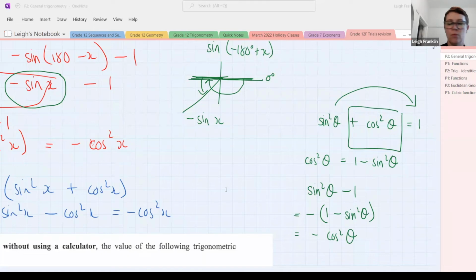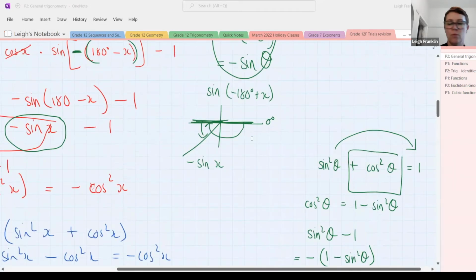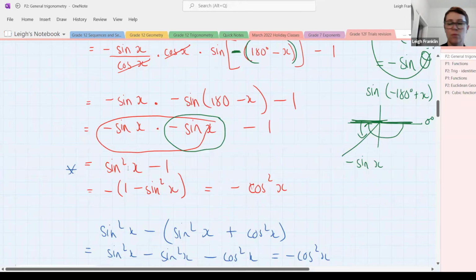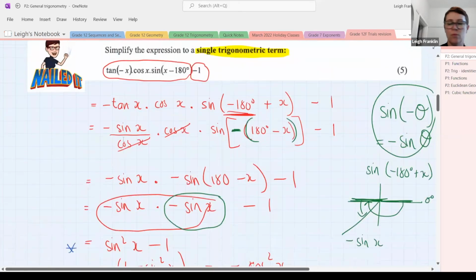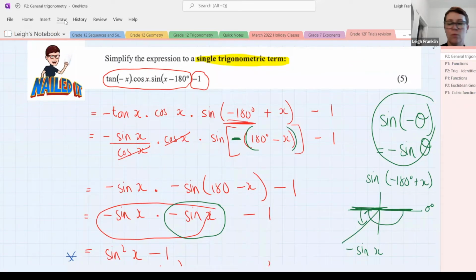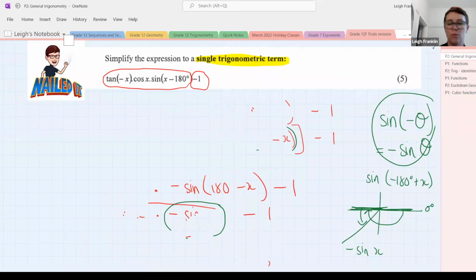Oh, goodness. Okay, there's a lot of you that are lost right now. All of these are identities. If you don't learn your identities, you can't do any of this. You've got to know your square identity and your tan identity from grade 11. All right, let's go back since there are so many of you that are stuck. It's not going to help me explaining this again until you do the studying that you need to do.